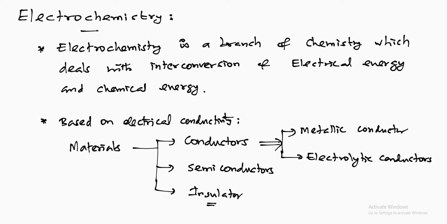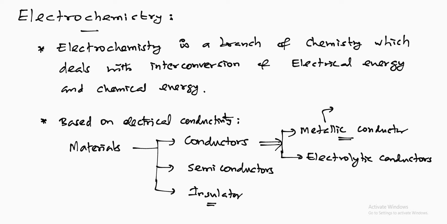What is a metallic conductor and what is an electrolytic conductor? Metals are examples of metallic conductors, in which electrons, also called free electrons or charge carriers, move freely when you supply electricity through a metal. So metals are good conductors of electricity.